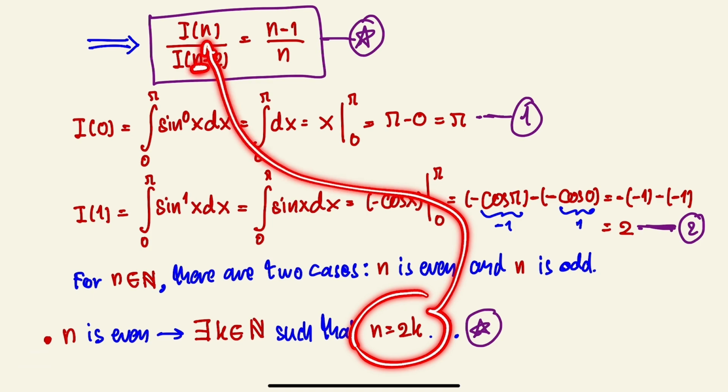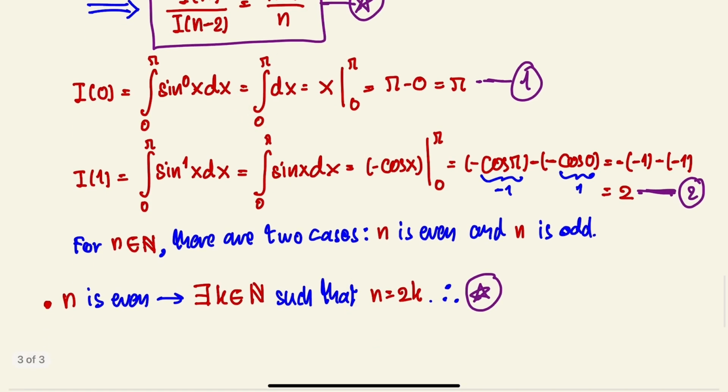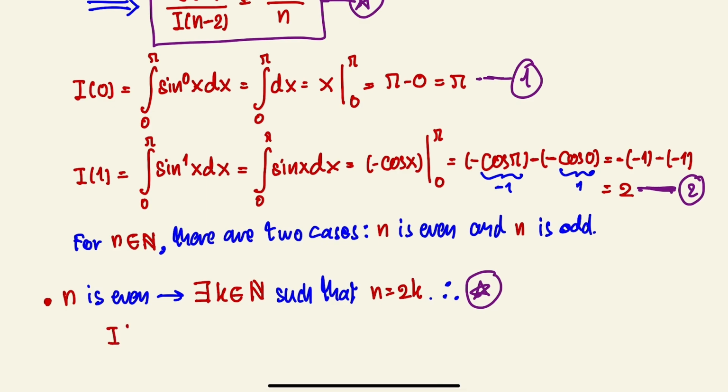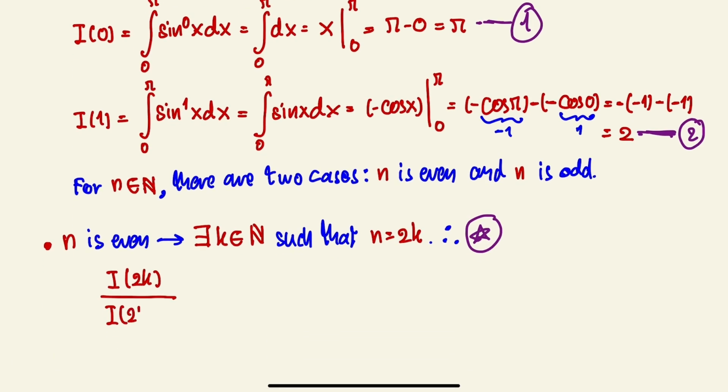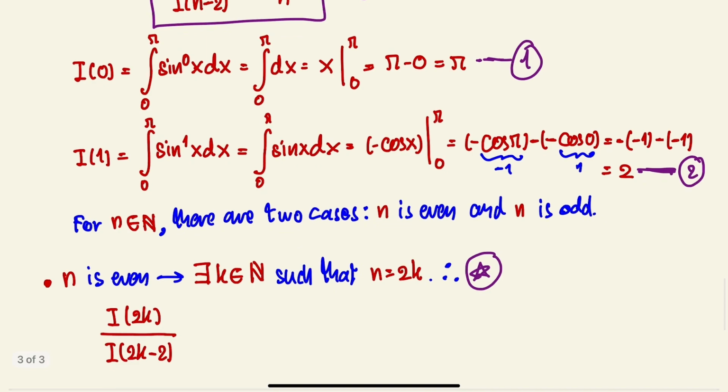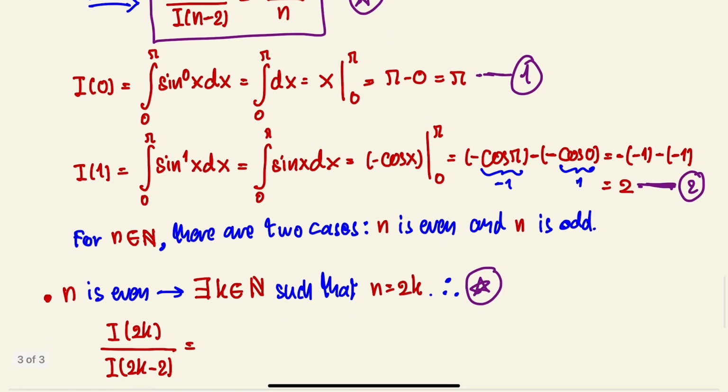We have I of 2k over I of 2k minus 2, which is 2k minus 1 over 2k.